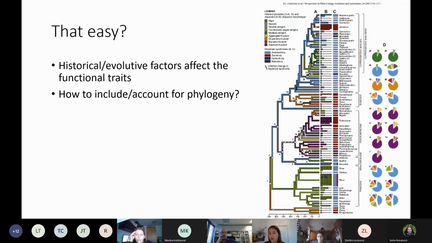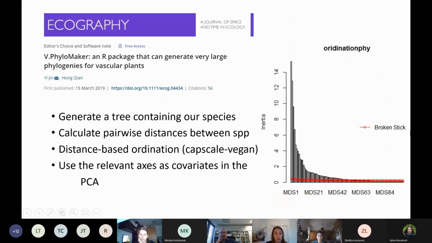I decided that I wanted to incorporate it in my analysis because I didn't want to mix these historical factors with what I was seeing in the trends. So how can I account for the phylogeny?